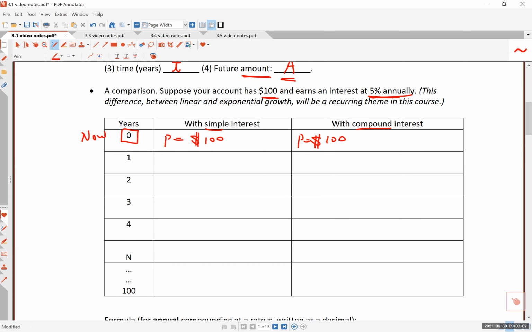Okay, now after 1 year, what's going to happen? Now remember, 5% of $100 is pretty simply $5. Okay, so this is the amount under the simple interest scheme. $5 is what you will be adding every year.